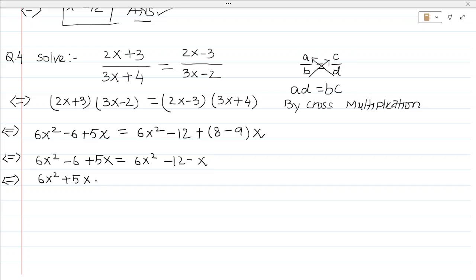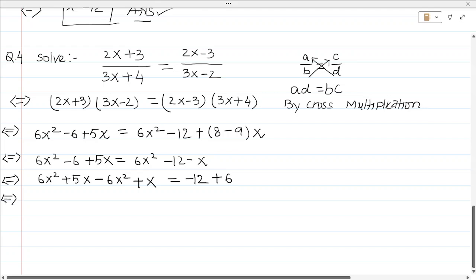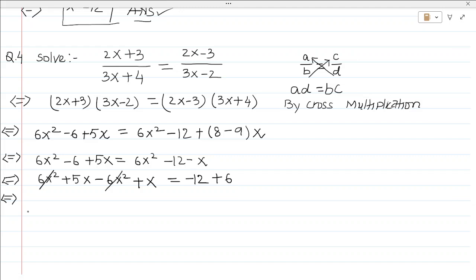I am bringing this, so the sign gets changed, minus 6x square, and for x also the sign changes, is equal to minus 12, already on the right hand side. We are bringing minus 6 from left hand side to right hand side, so the sign changes to plus 6. Now we can see there is plus 6x square and minus 6x square. We can cancel it.